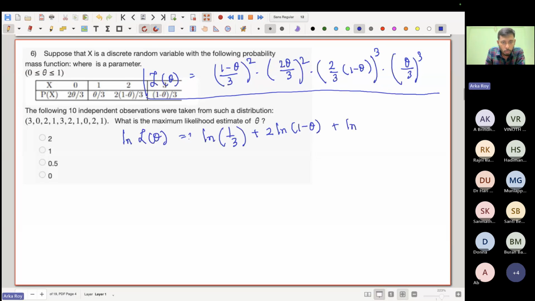Sorry, there would be 2 in the first part. Then 3 will come first outside, and then I can write ln 2 by 3 plus 3 ln 1 minus theta.